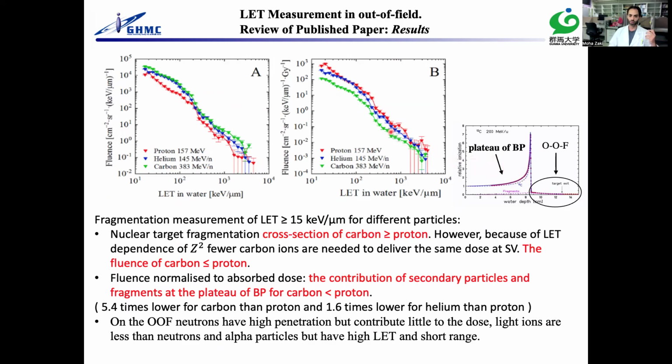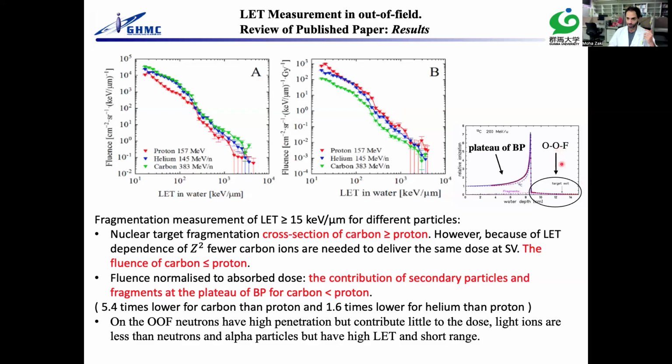The results showed 5.4 times lower for carbon than proton, and 1.6 times lower for helium than proton.